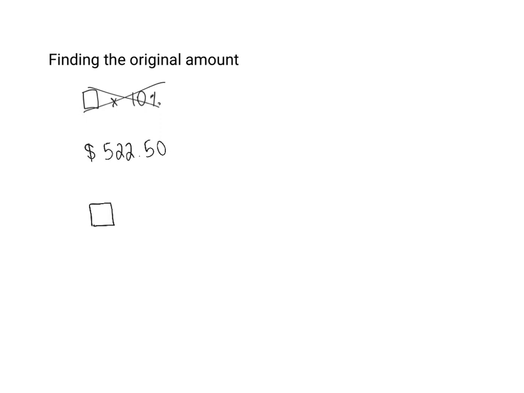Now, to increase that by 10%, I would have multiplied that by 110%. As a decimal, that's 1.1. So I would have multiplied it by 1.1, and that would have given me the $522.50. So now what I need to do is work backwards to find out what that amount was.